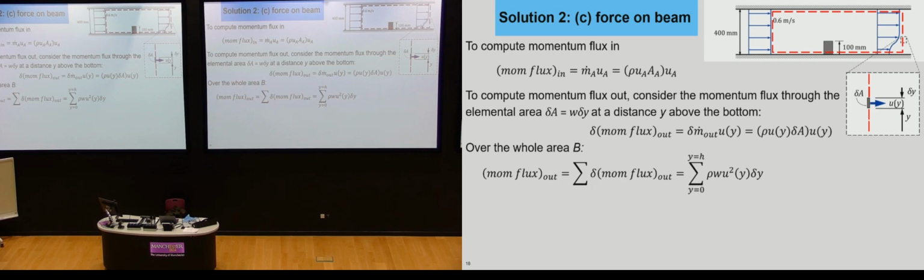So over the whole section, over that whole area, the total momentum flux is going to be the sum of all the contributions to the momentum flux out for all the little delta A's across the width of the channel. So this is the sum of all the momentum fluxes out. Here's my expression for momentum flux, rho w times u squared dy, and we sum from y equals 0 to y equals h.